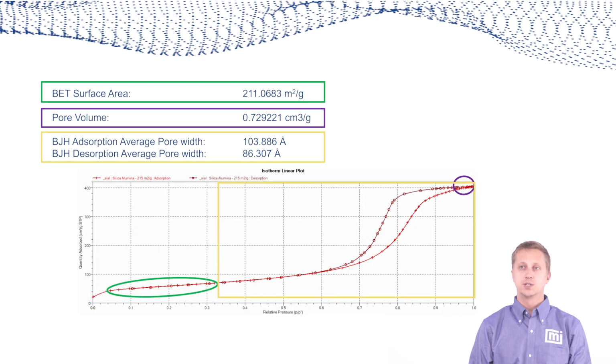The data that was used to determine this was the BET surface area was calculated in the standard range between 0.05 and 0.3 P over P naught. The pore volume was calculated near saturation, and the BJH adsorption and desorption were calculated between the range of 0.3 and 1 relative pressure.